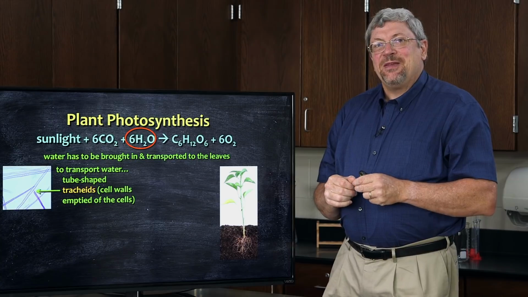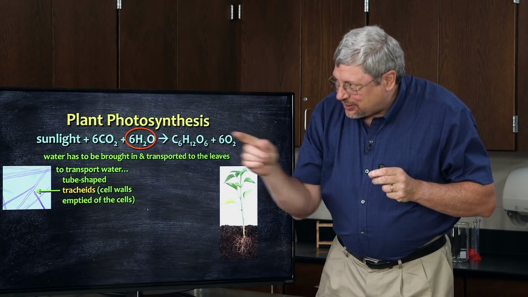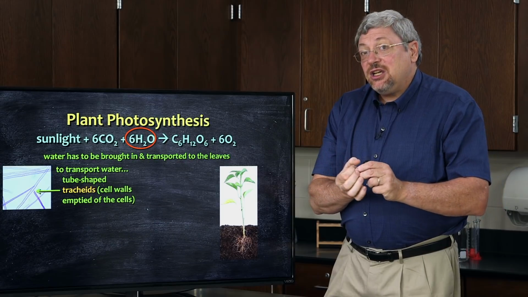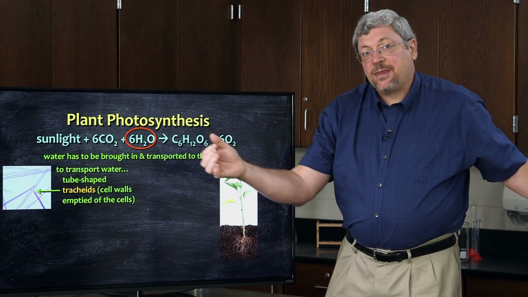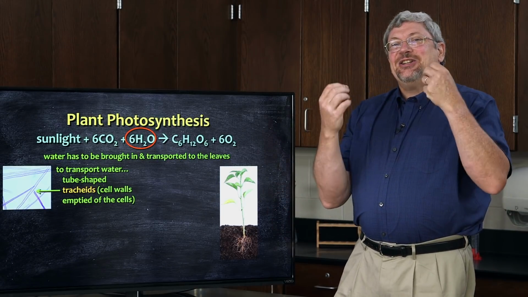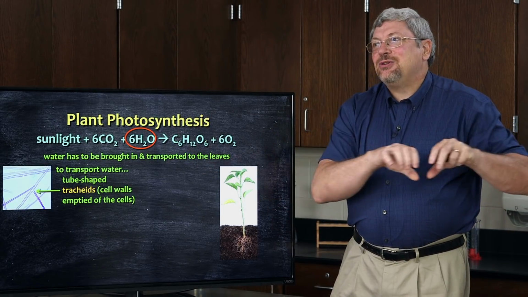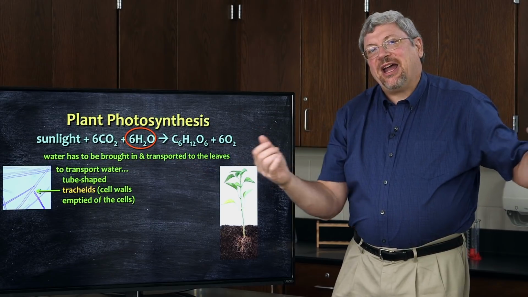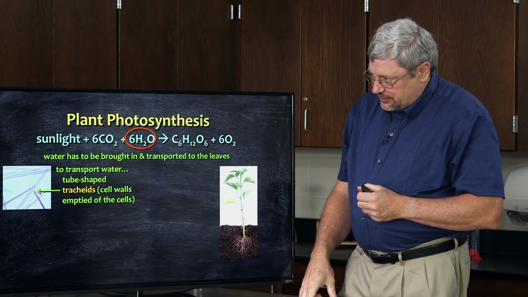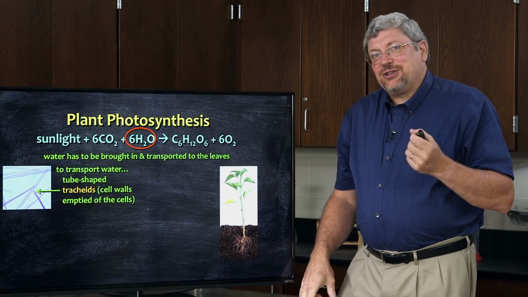That's pretty cool. So the shape of tracheids, you'll see, tends to be circular in cross-section and extremely long. That's a design element. It's made to transport the maximum amount of water with the least amount of cell wall material.